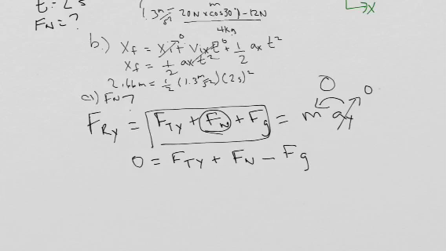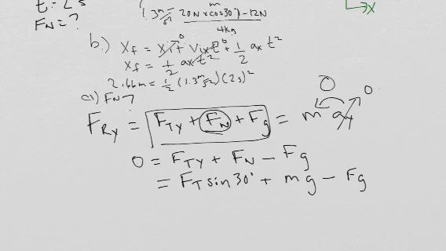All right, so what I know is Fn. I know what Fn is going to be. It's going to be the positive of Fg. Fty breaks down to Ft sine 30 degrees, plus mg minus Fg.